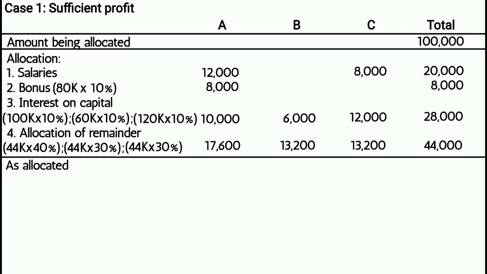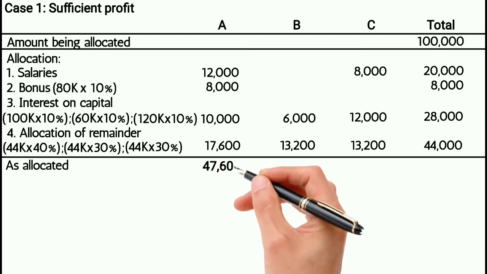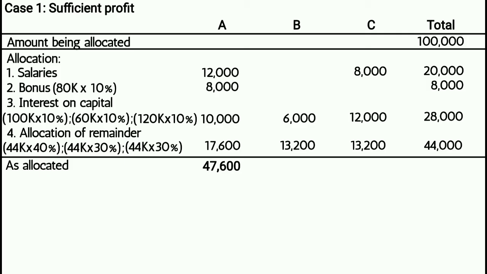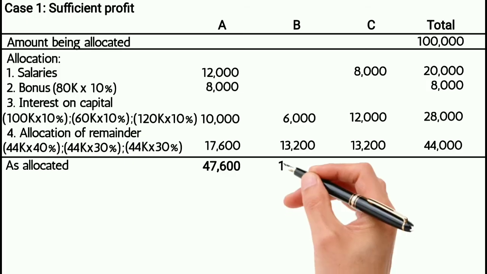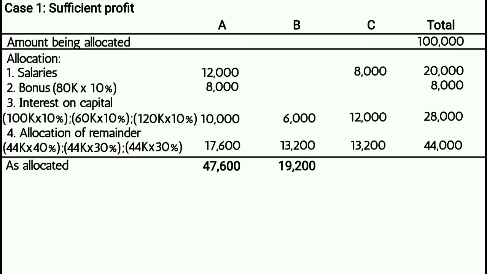For A, 12,000 pesos plus 8,000 pesos plus 10,000 pesos plus 17,600 pesos. Ilan yan? 47,600 pesos. For B, 6,000 pesos plus 13,200. Ilan yan? 19,200 pesos.